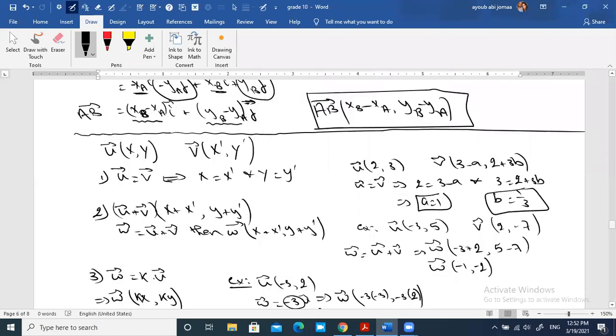Two vectors u (x, y) and v (x prime, y prime) are equal means x is equal to x prime, y is equal to y prime. I'm going to apply this idea here.